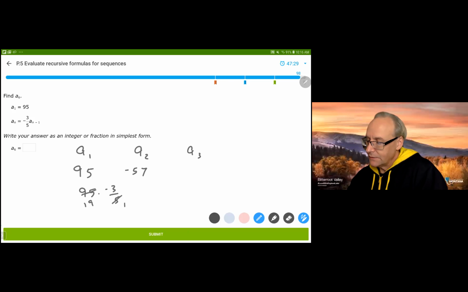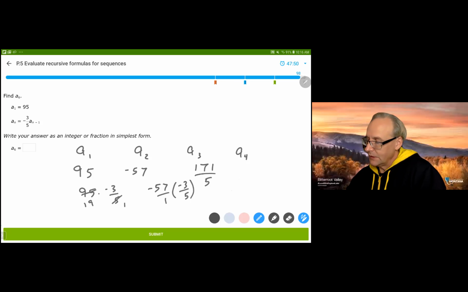And then A3 is going to be -57 times -3/5. And there's no simplifying this one. It's going to be, what, 171 over 5? Yuck. A4 is going to be multiplied by -3/5.